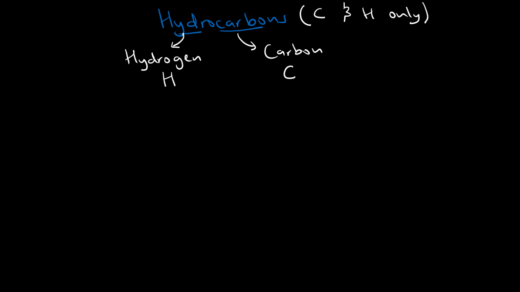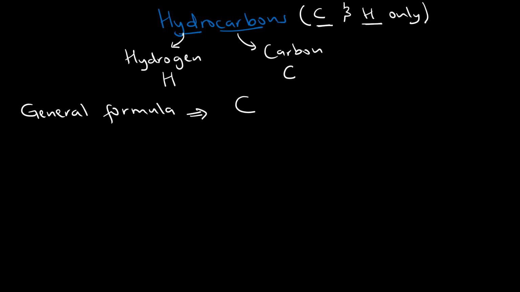When you look at hydrocarbons, hydrocarbons have what we call a general formula. A general formula is a formula that you can use to identify a certain compound to be a hydrocarbon. Because hydrocarbons contain carbon and hydrogen only, our general formula will also contain carbon and hydrogen.